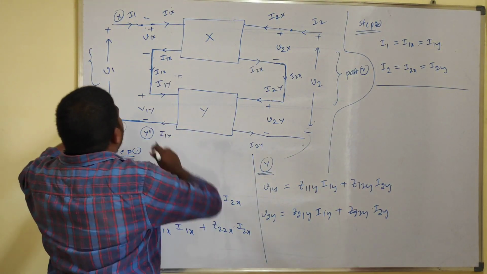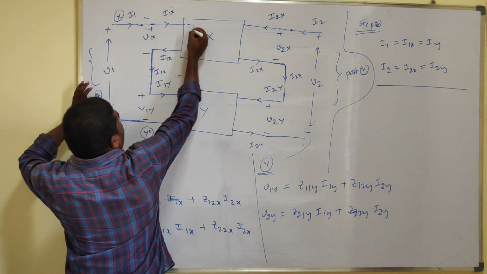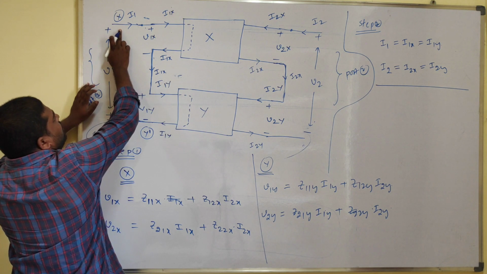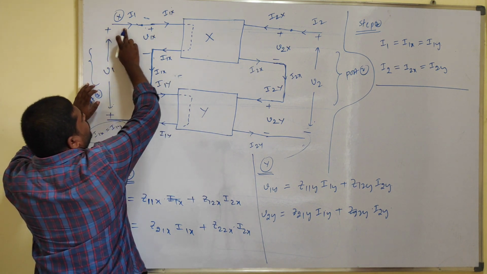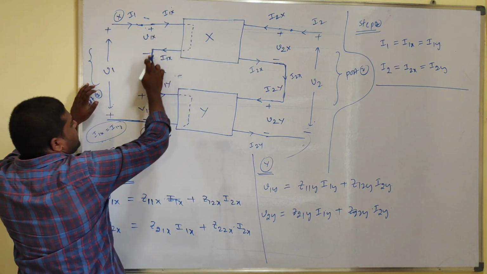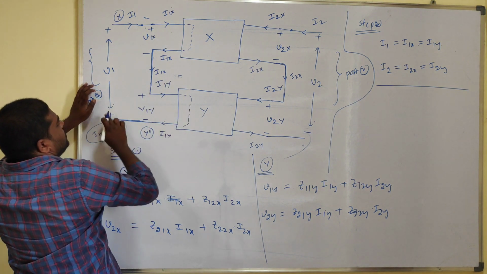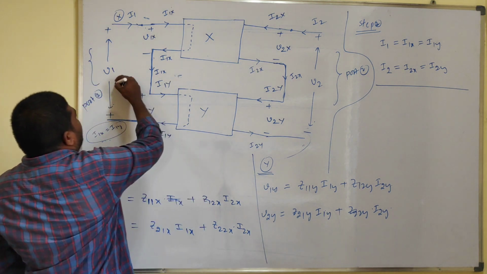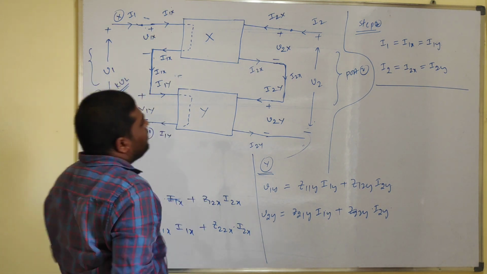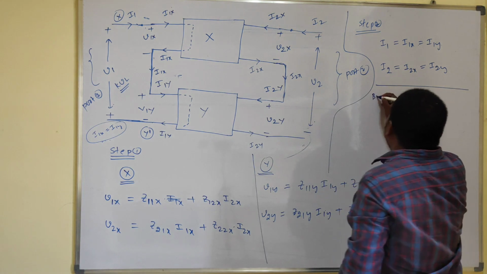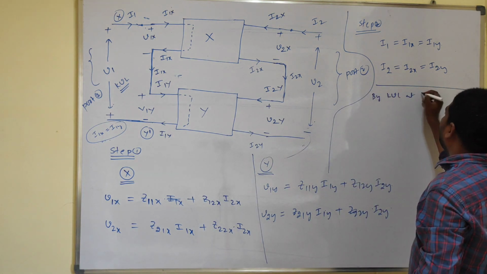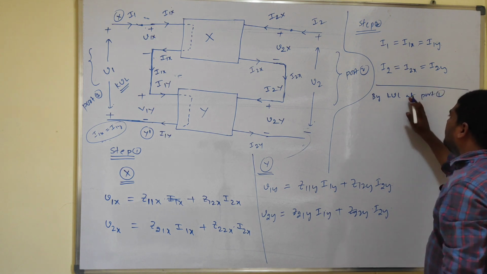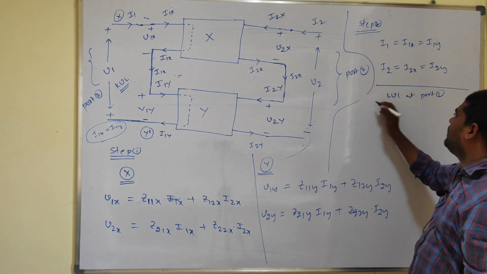This is a complete series path: current starts from here and flows through this path. So for this entire path you can apply KVL. KVL at port 1.